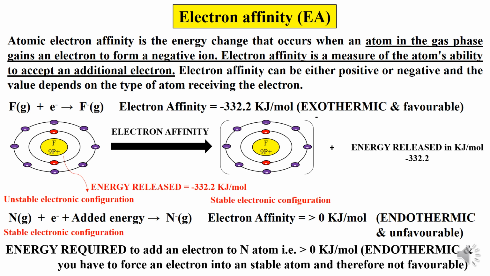Nitrogen has a stable half-filled electronic configuration, and after the addition of an electron, it attains an unstable electronic configuration, and therefore it is an endothermic process, an energy-demanding process, and you have to force or push the electron into the outermost shell of the nitrogen atom, and therefore it is not favorable. The reaction is unfavorable, indicated by a positive sign, meaning it is an endothermic process.